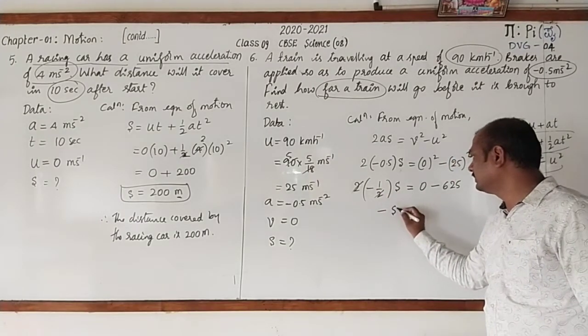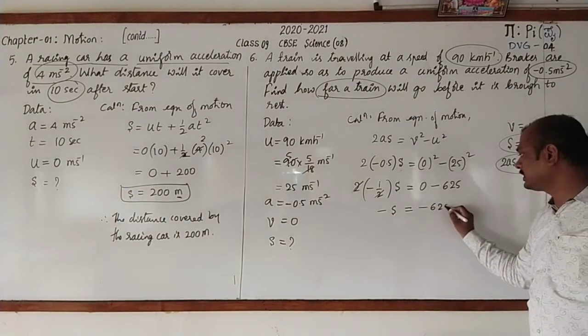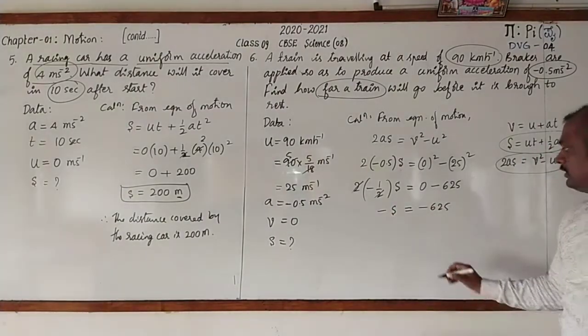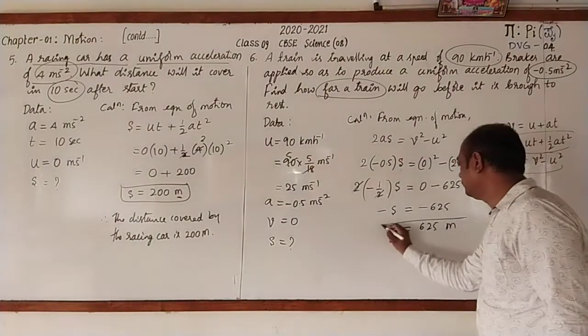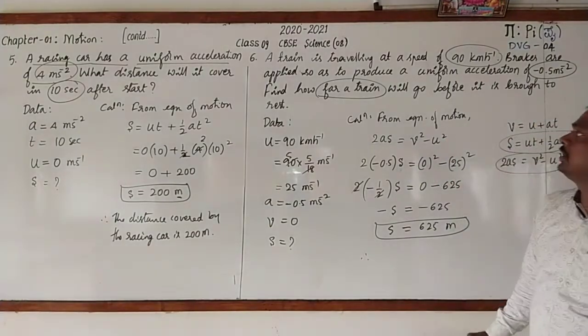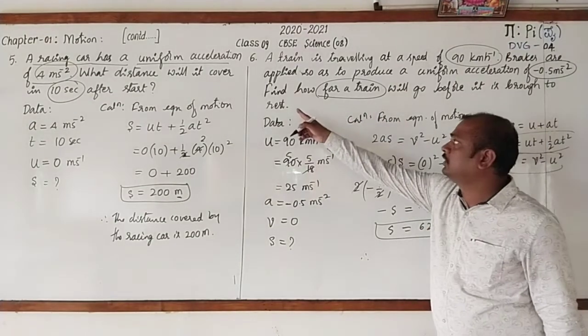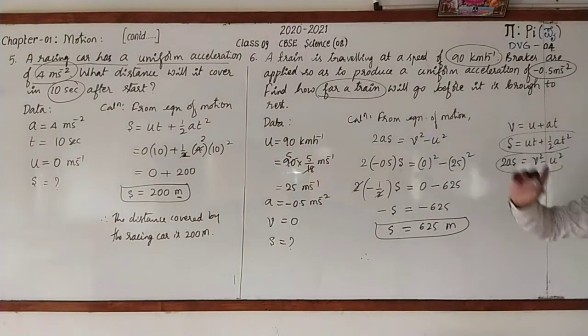Now 2 gets cancelled. Minus s equal to 0 minus 625, which is minus 625. Minus minus get cancelled. S equal to 625 meter. Clear? And the conclusion can be written. They have asked how far a train will go before it is brought to rest.